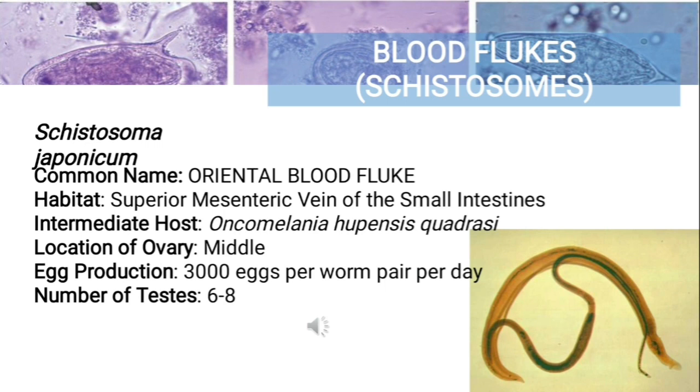The strains of Schistosoma japonicum from the different geographic regions are genetically distinct, but all require snails of the species Oncomelania as their intermediate hosts. As you can see in the picture, this is a Schistosoma japonicum parasite in its adult form, both the male and female, which are in copula.